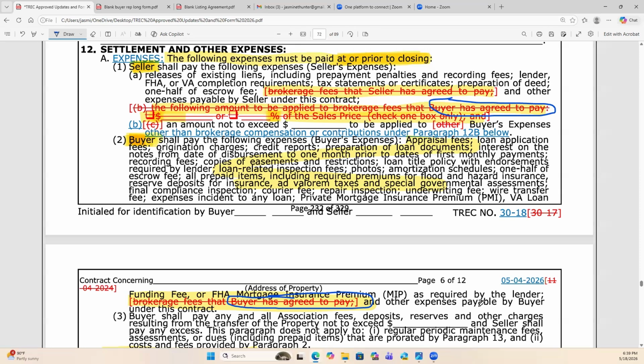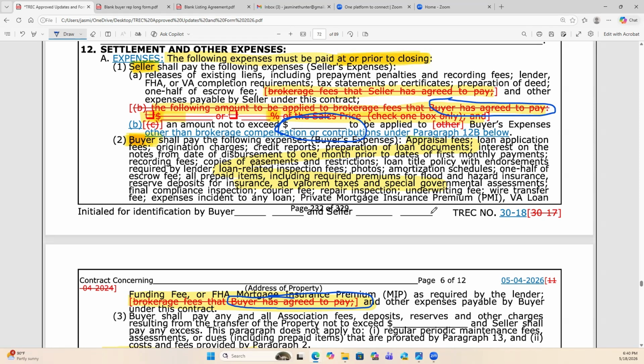So what they've done is that they used to say you can use seller's concessions right here. You can use seller's concessions to pay all of these things that buyers have to pay at closing, prior to or at closing. One of those things were brokerage fees. If you talk to any lender out there, they will tell you, no, you cannot add seller's concessions to pay brokerage fees.